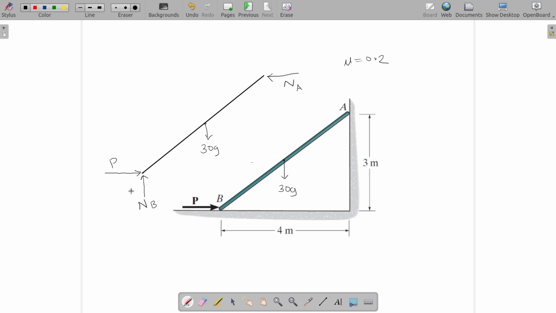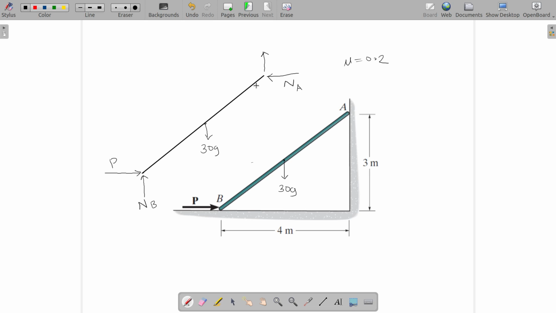We want to calculate the minimum force P required to make sure that AB does not slide. So the frictional force that will help us here will be the frictional force upwards.